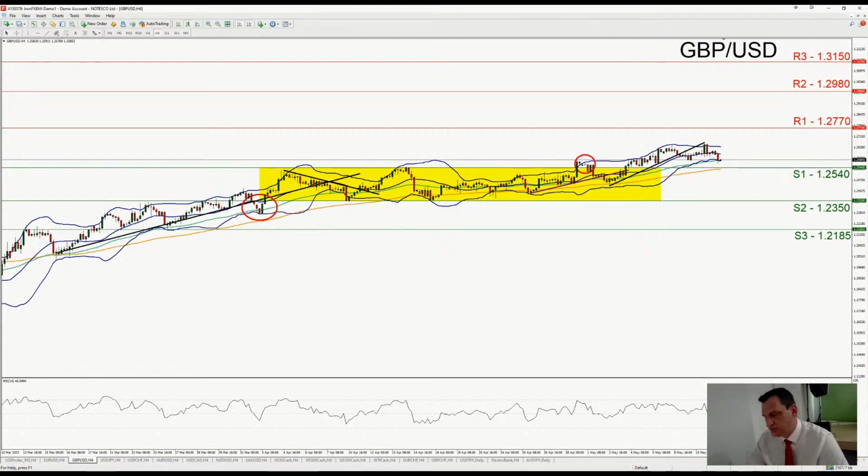Now, the bank is expected to hike rates by 25 basis points, and it's characteristic that the market has already priced in such a scenario, practically almost fully priced in. It's at 97.3, if I'm correct. 97.3% probability for such a scenario to materialize, i.e. for the bank to deliver 25 basis points rate hike.